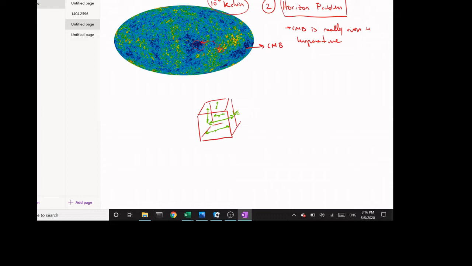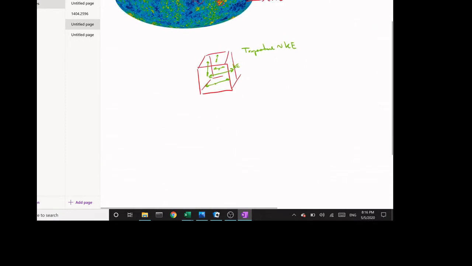The amount of energy transferred to it is basically a really rough estimate of how temperature is measured. So the temperature of those particles is proportional to the amount of kinetic energy they have.